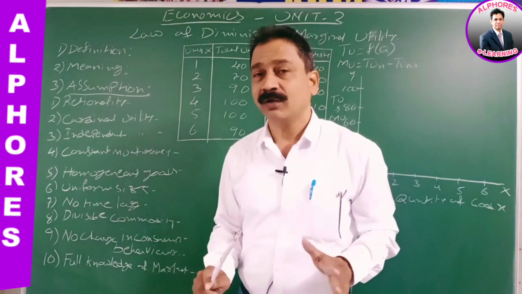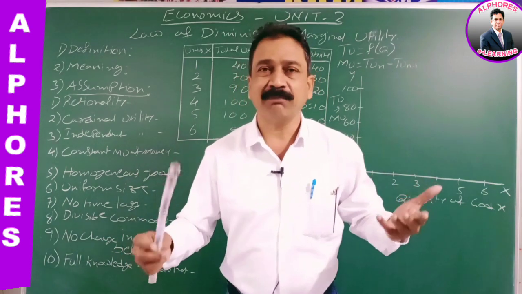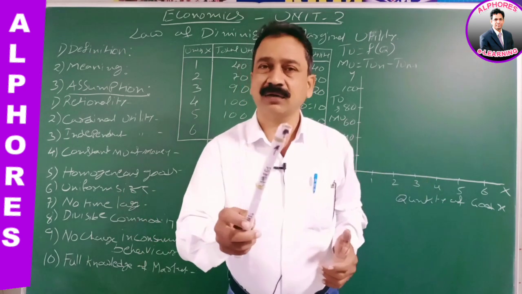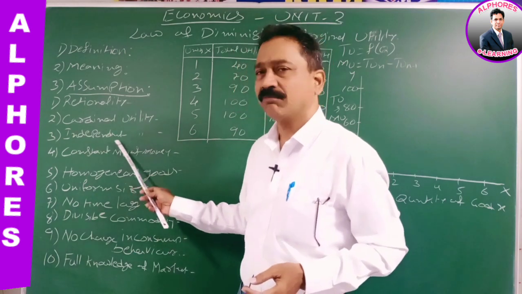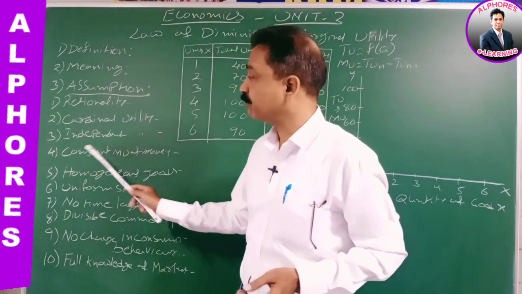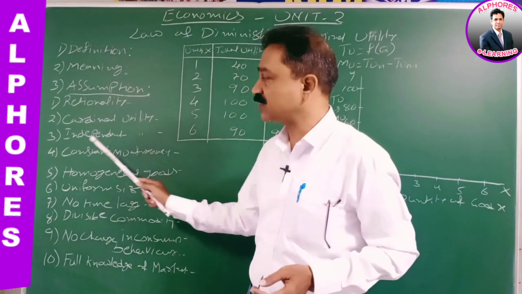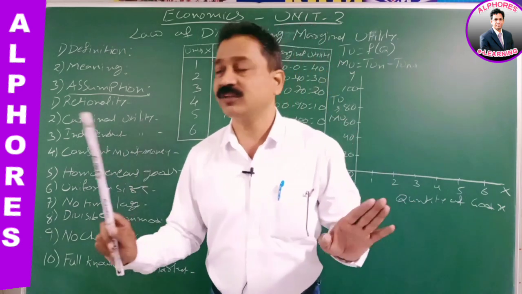But in general, everything depends on so many things. Even my lecture depends on plenty of things: the light coming from there and the cell which is carrying this class to you. But here what is the assumption? We assume the utility of the commodity we are consuming is independent, not depending on anything else.